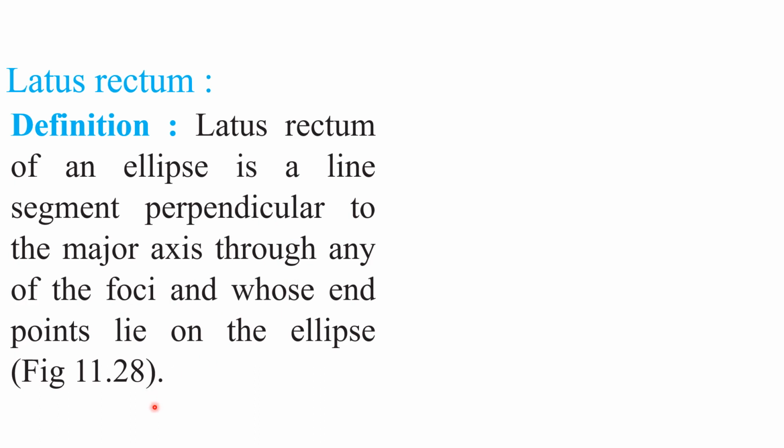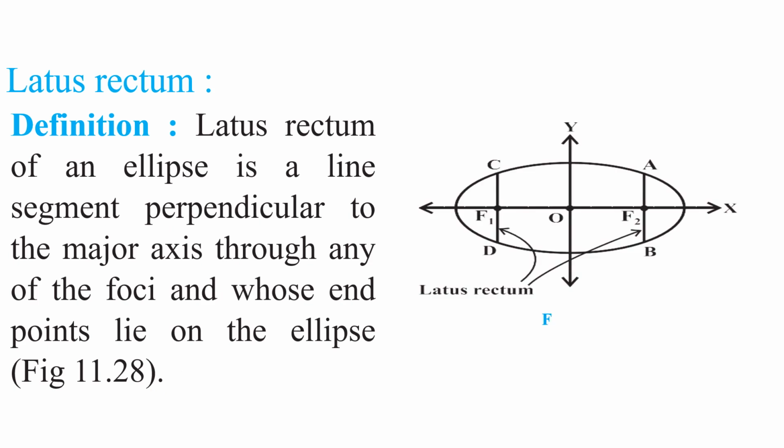To understand this definition well, let us take Figure 11.28. Observe this figure, my children. Here the line segment AB is passing through this focus F2. This CD is also a line segment passing through the focus F1, and it is perpendicular to the major axis.